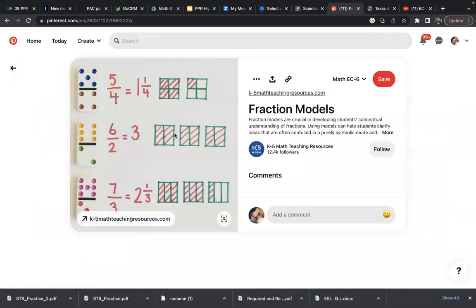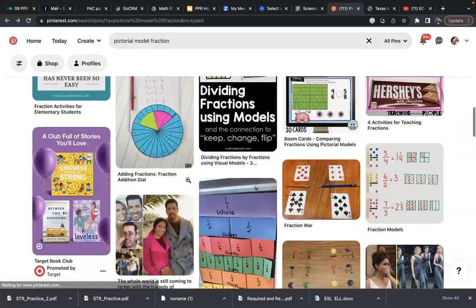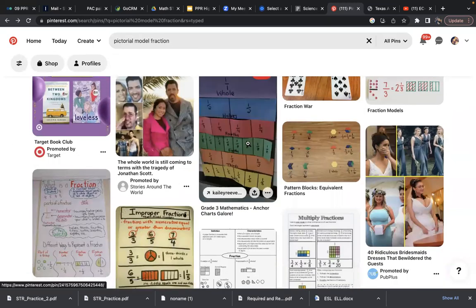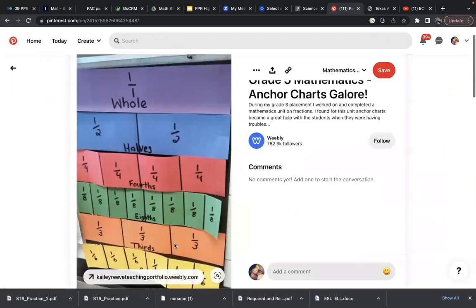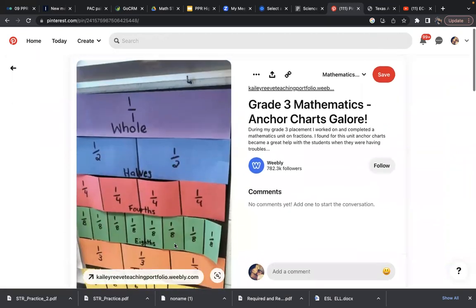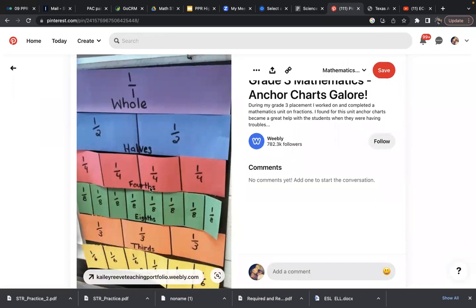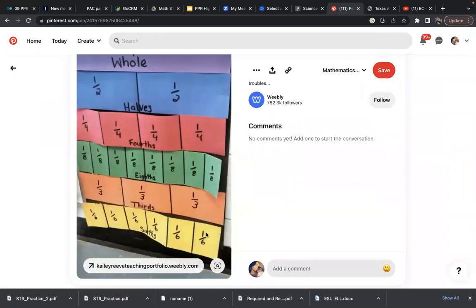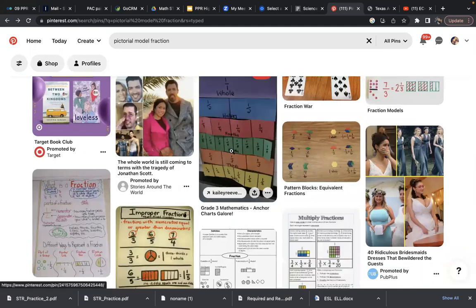Another representation here. So the students should have a really good, fluid understanding of these different fractions by grade 3, and then we solidify it in the 4th and 5th grade so they can utilize it and be able to represent it.